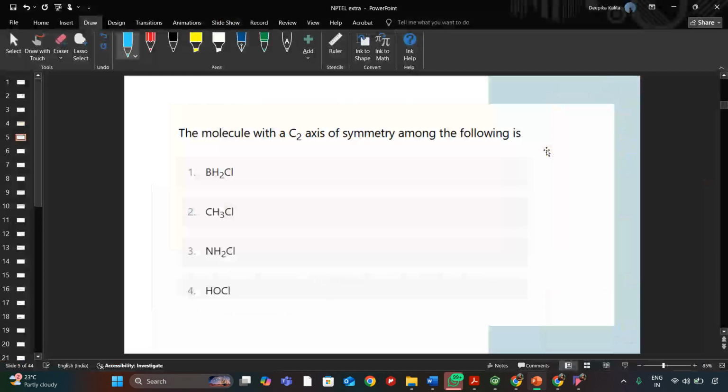Now we are going to move to questions from symmetry. The molecule with a C2 axis of symmetry among the following is BH2Cl, CH3Cl, NH2Cl and HOCl. So you can draw the structures of these molecules to first know the symmetry elements present in the molecule.